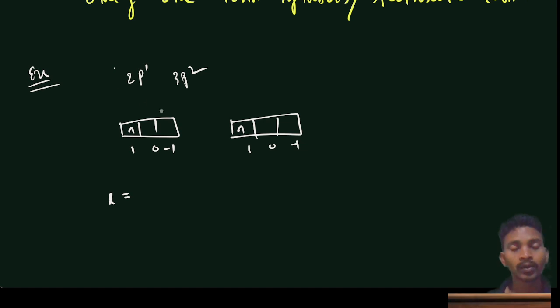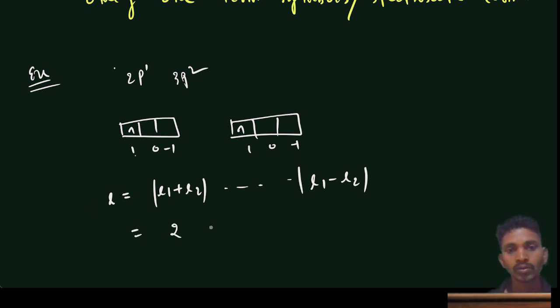So how will we calculate the L values? These are different orbitals, so L1 plus L2 down to L1 minus L2. Here L1 is 1 and L2 is 1, so that is 2, and 1 minus 1 is going to become 0. So this will be 2, 1 and 0.